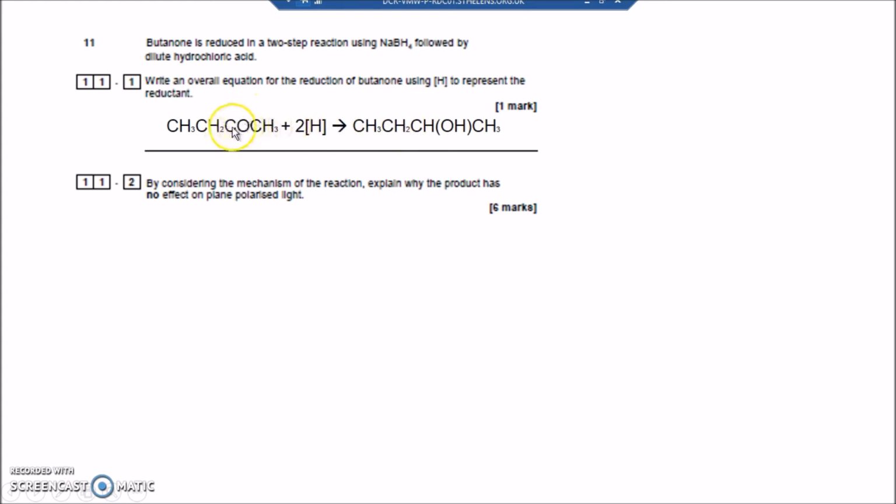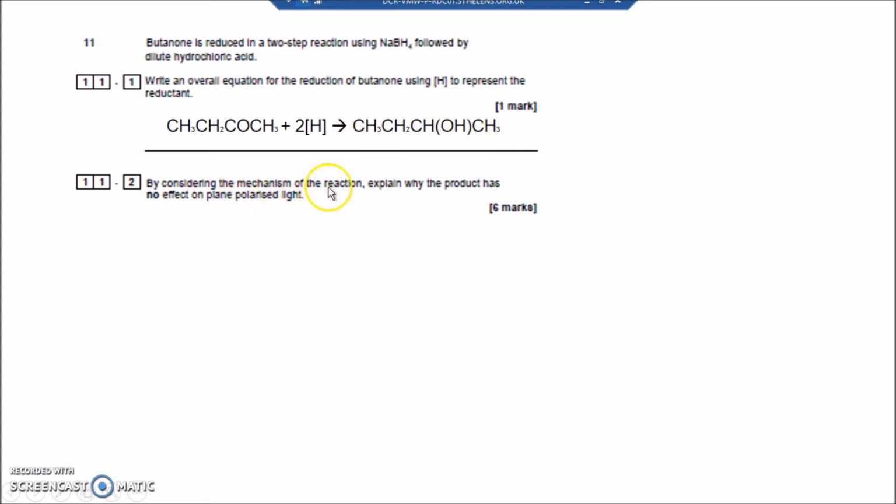That ketone, that butanone, is going to be reduced into a COH and an H. So the C double bond O becomes a COH, and the carbon needs another H off it. Therefore, it becomes a secondary alcohol. So it becomes butan-2-ol.